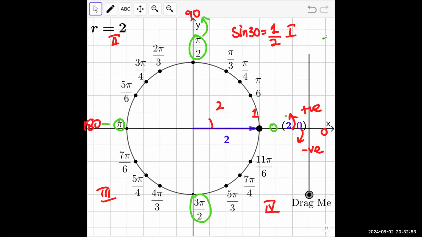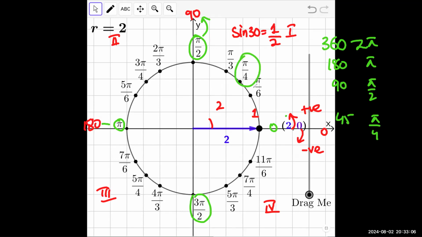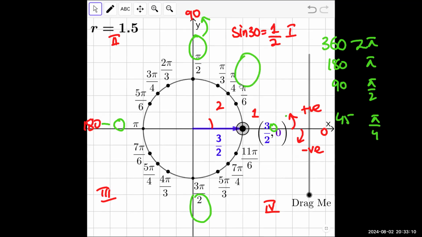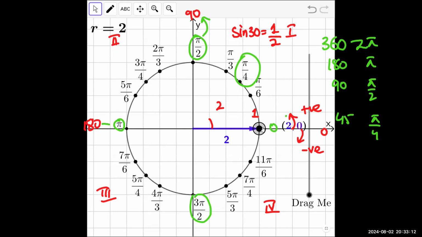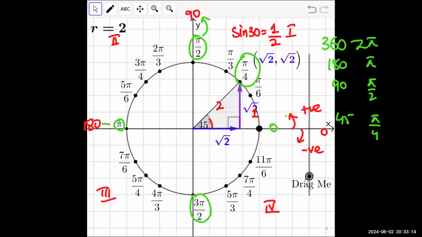Recall, 360 was 2 pi. Half of 360, you got 180. It was pi. Half of that, you got 90. That was pi by 2. Half of 90, you get 45. That was pi by 4. So notice this pi by 4 that they've written. It is the same as 45 degrees. So let's move it. Pi by 4 is 45.